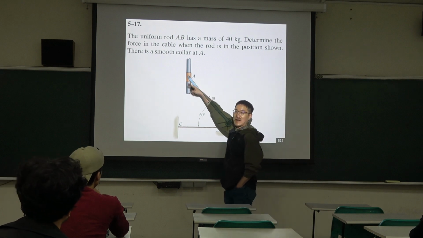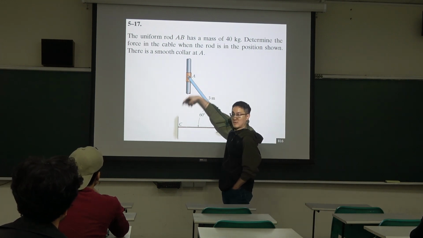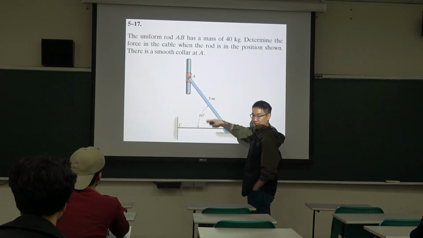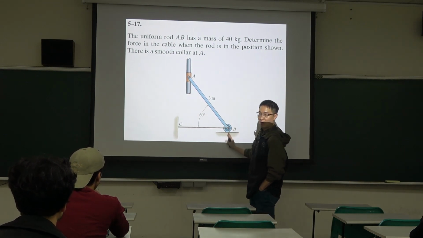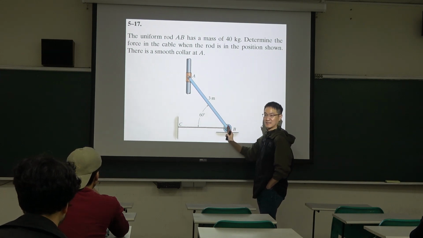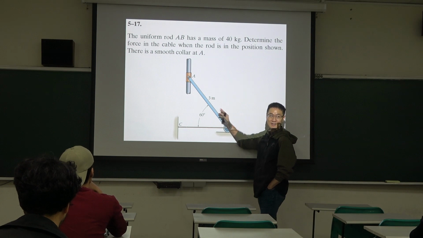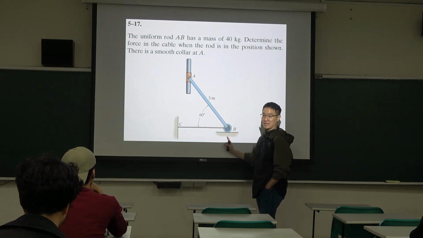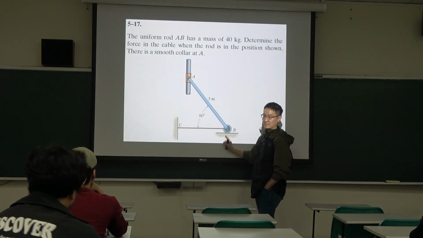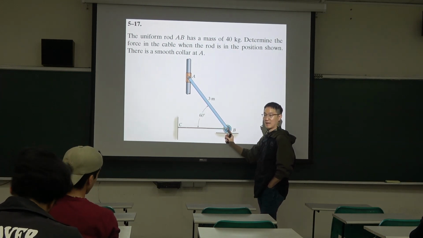Okay, it can move that way, that means there is no vertical reaction. And then we have a weight here. And the vertical support must be from here. Do you agree with that? Okay, we have self-weight, so the vertical loading should be supported by here.